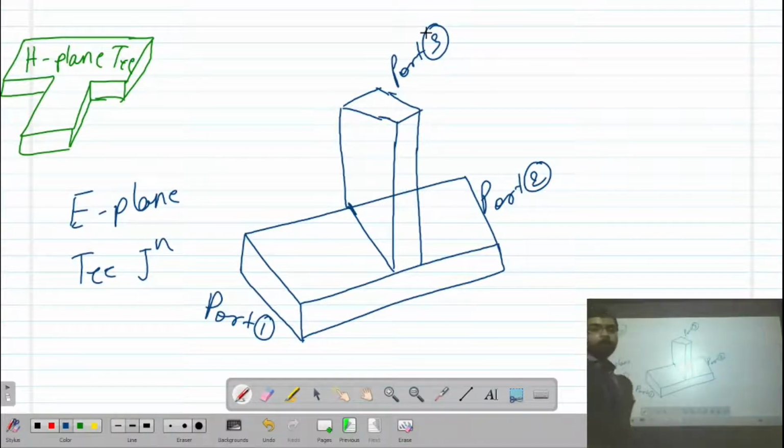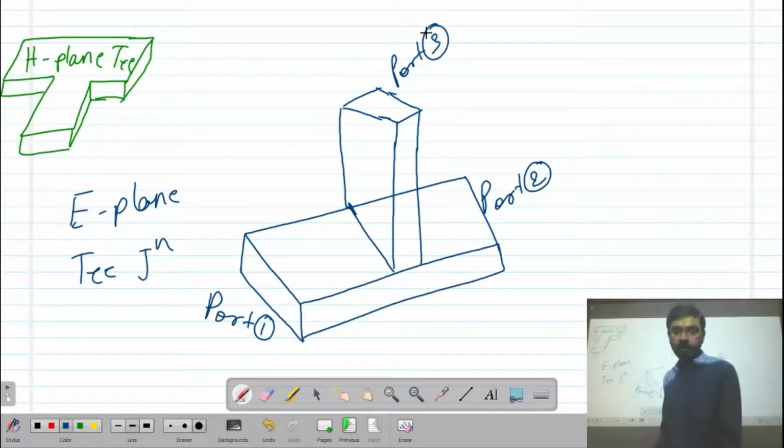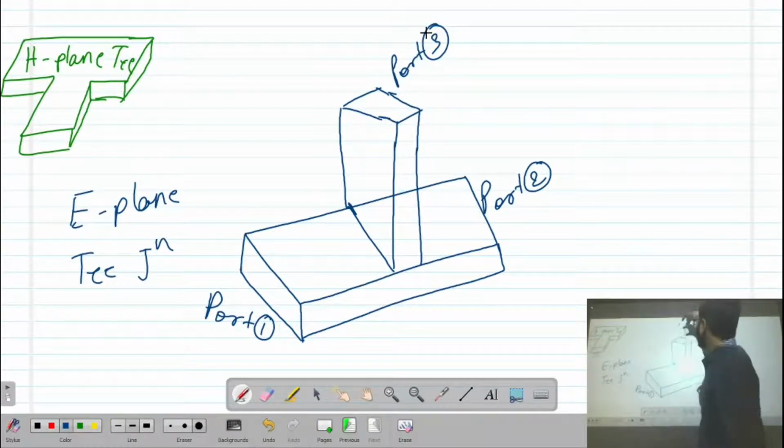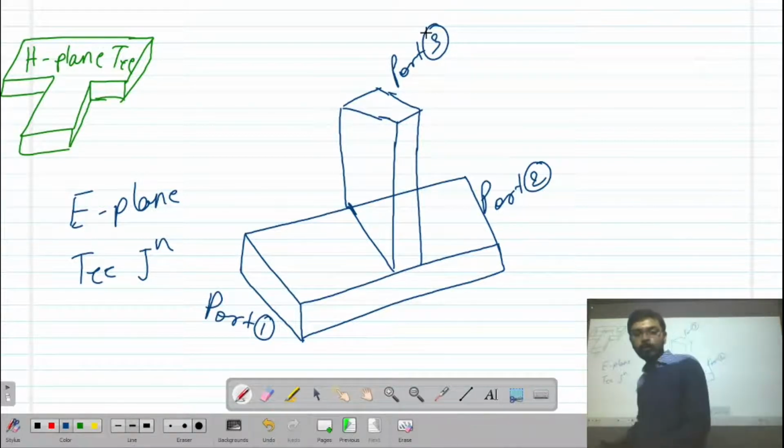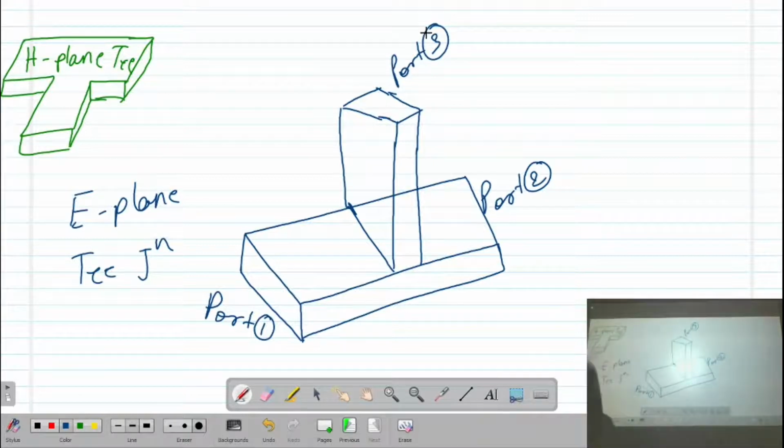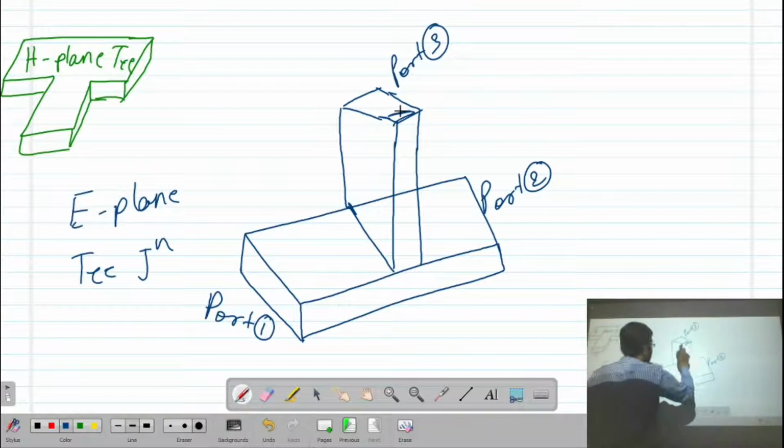Now we can assume port 3 as an input port, and port 1 and port 2 as output ports. This can be further connected.